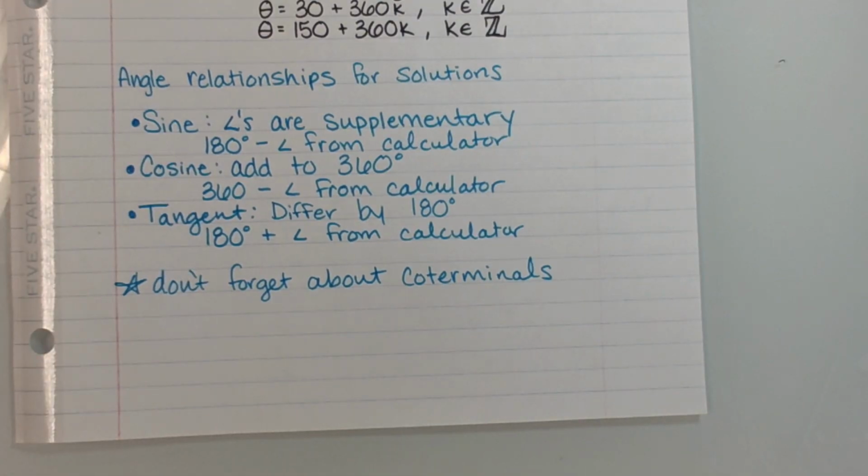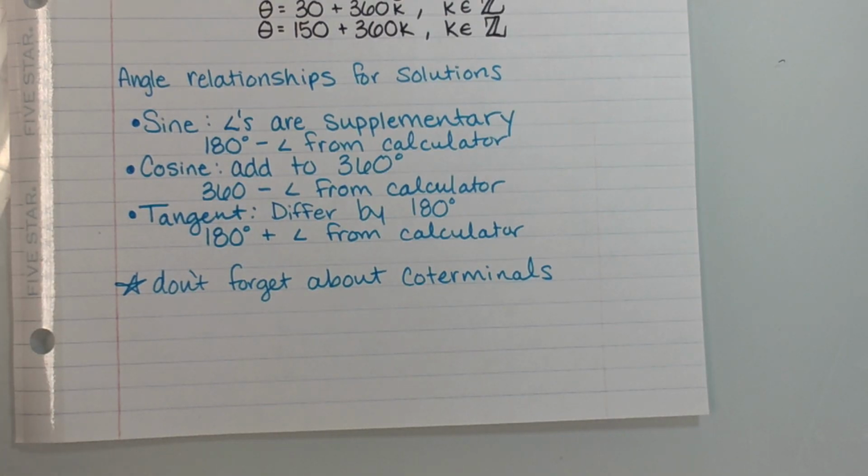I tend to use the unit circle mainly because my calculator, if you do inverse trig, will not always give me angles on the unit circle because of the range of inverse trig. Sine and tangent will give me angles that go all the way down to negative 90. So I tend to use the unit circle.